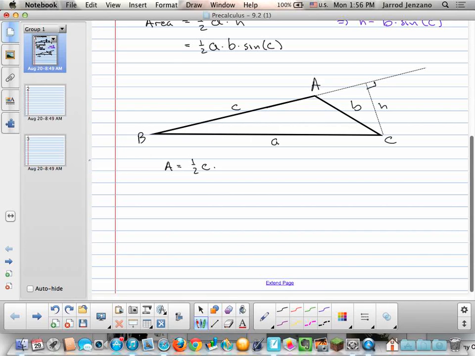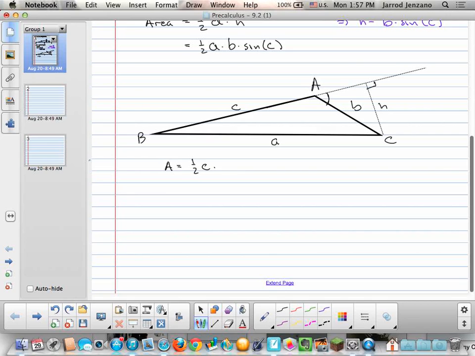So now here's what we have. The area is 1/2 of C, that base, times whatever this height is. To get that height, we need to use this angle.